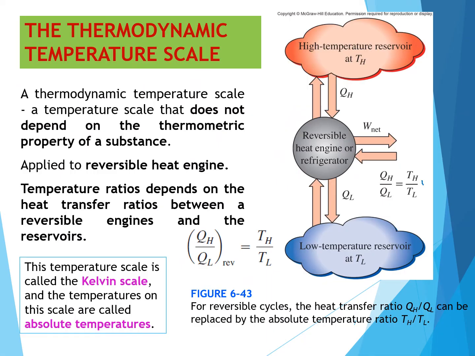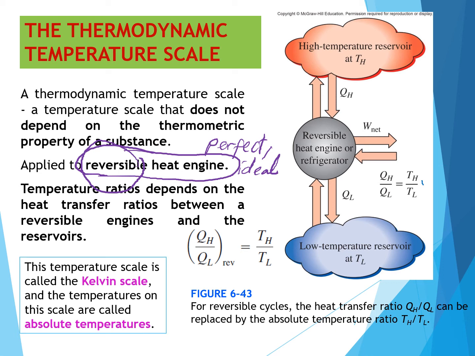Okay, now moving on to the thermodynamic temperature scale. It is a temperature scale that does not depend on the property of a substance, which is applied to a reversible heat engine or a perfect heat engine. We know that a reversible heat engine is a perfect or ideal heat engine, which does not exist in real life.